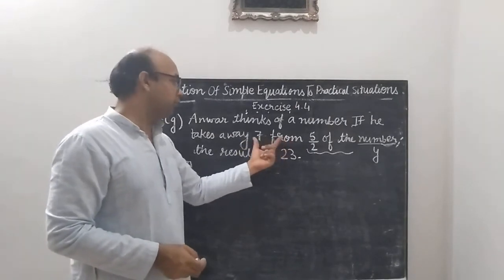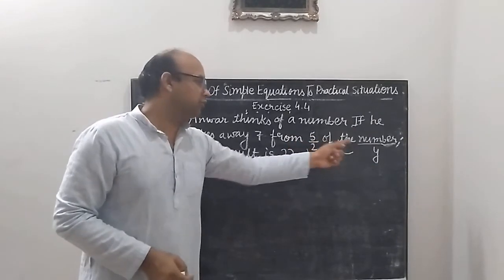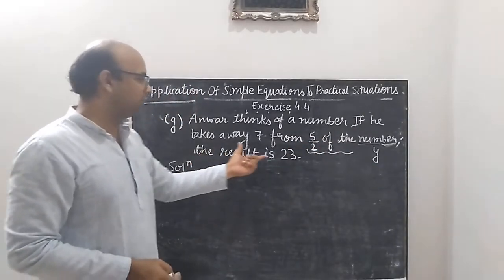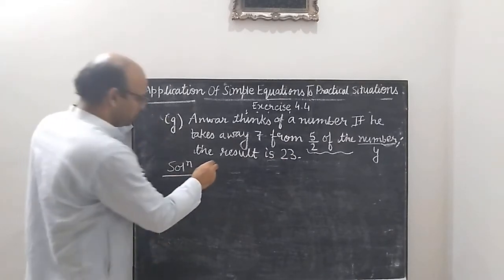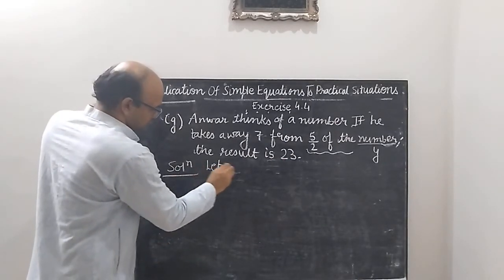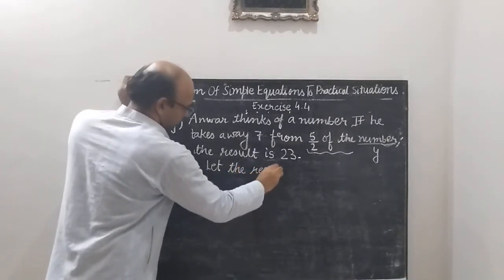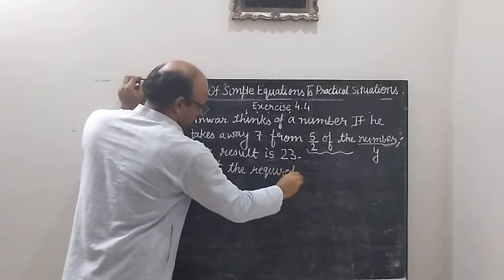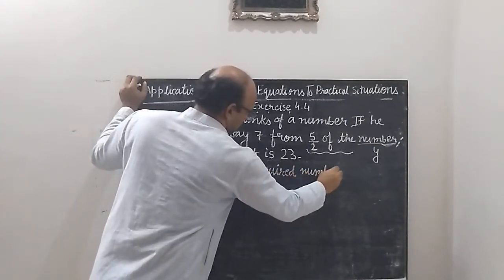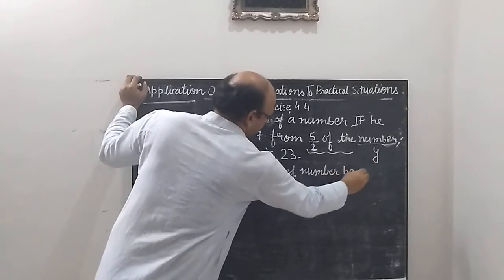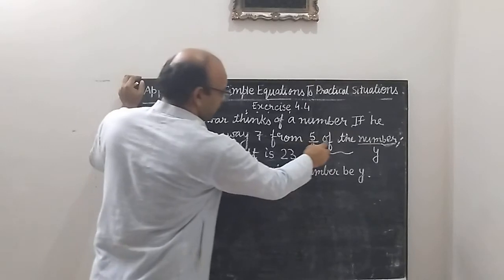So we have to subtract 7 from the product of 5 by 2 and y, and the result will come out to be 23. So we start with, let the required number be y.